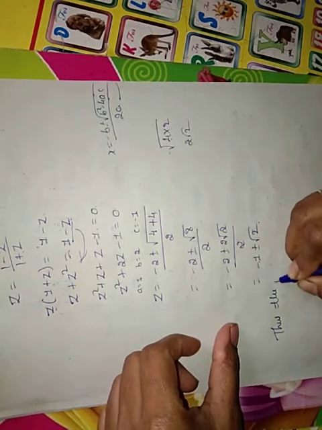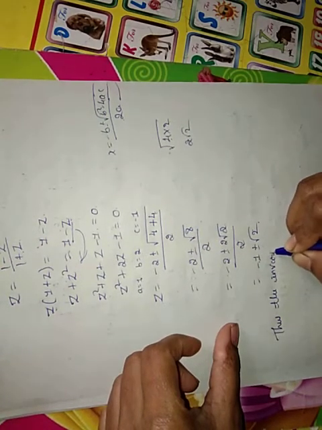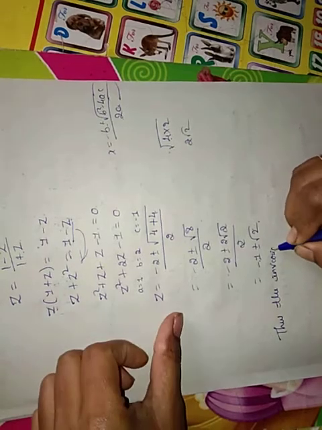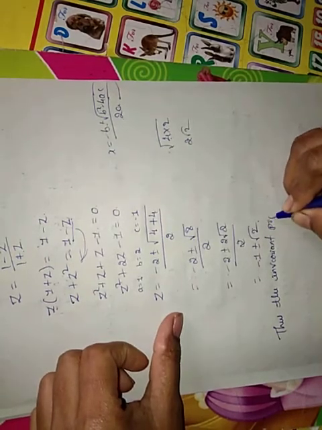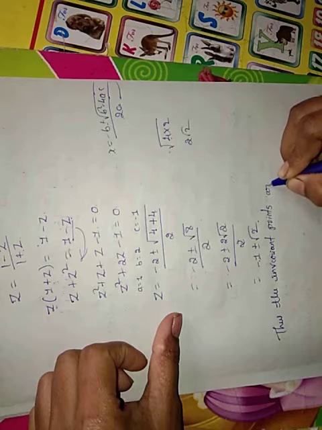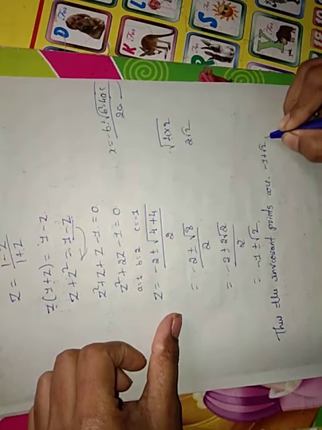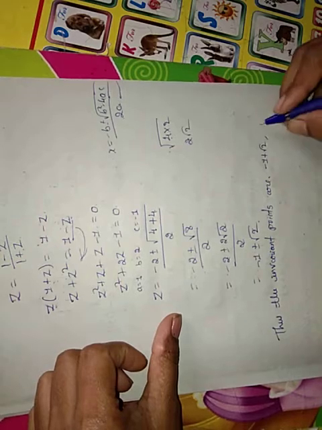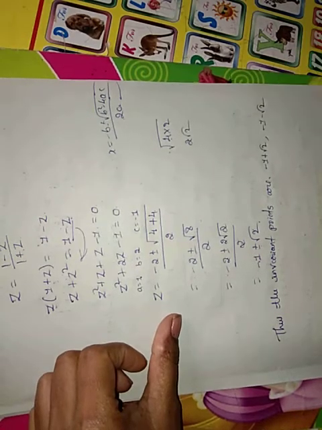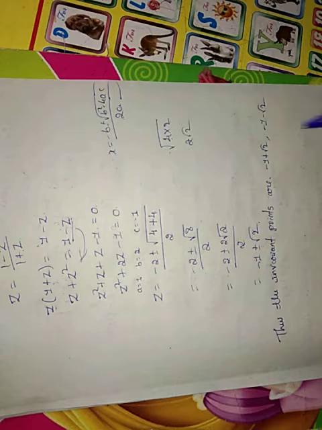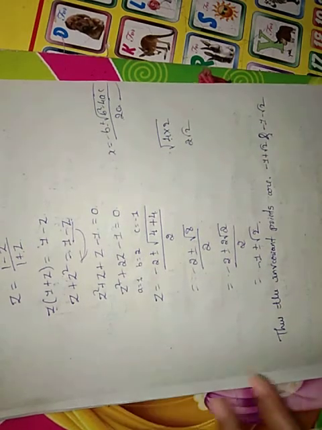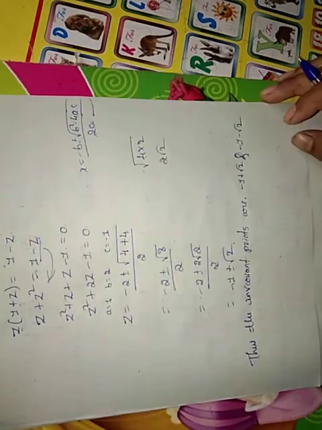Thus the invariant points are minus 1 plus root 2, minus 1 minus root 2. So these are the 2 invariant points of this bilinear transformation.